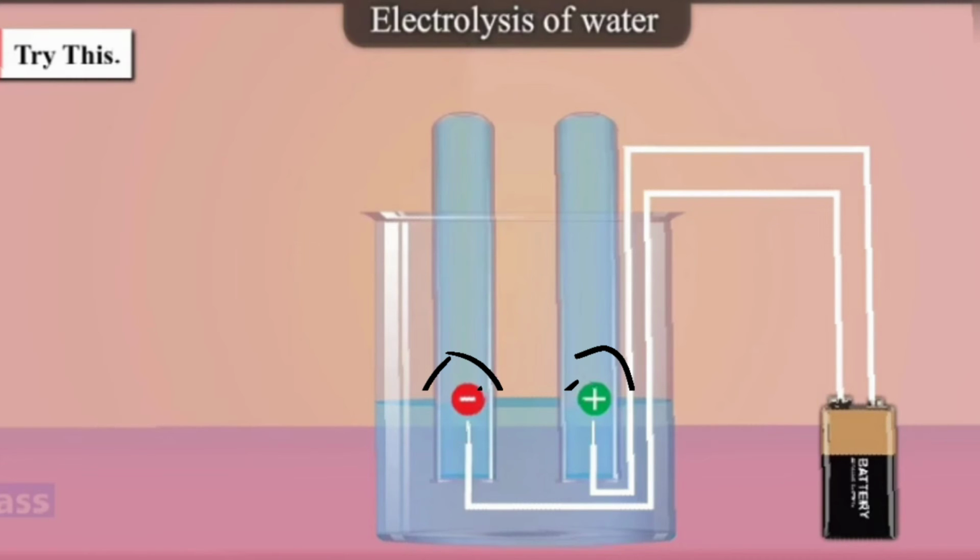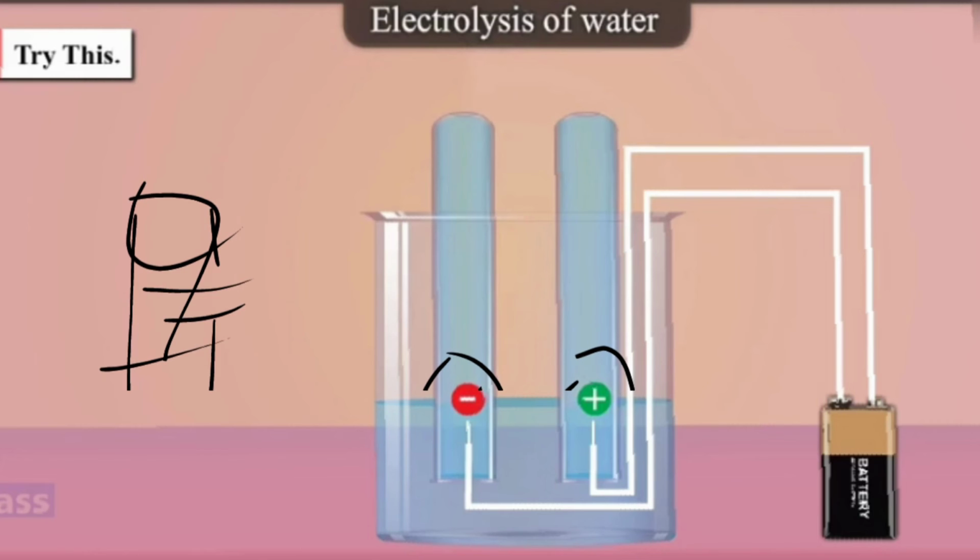Now invert the electrodes without allowing any air to enter into it. What will you do? You are going to take 2 test tubes. See, this is the test tube. Now in the test tube we are going to fill up the water completely, till the top.